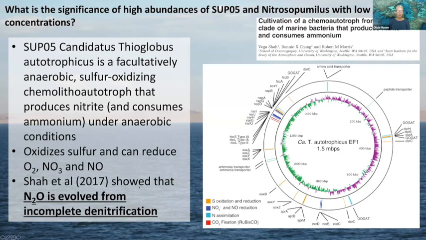They actually showed that this new SUP05 does evolve N2O from incomplete denitrification. So this is really important because not only can SUP05 detoxify the water column, but if there's not enough oxygen, it can switch to denitrification, but it doesn't carry out complete denitrification, which means that it's probably evolving N2O in the water column in the NBUS.